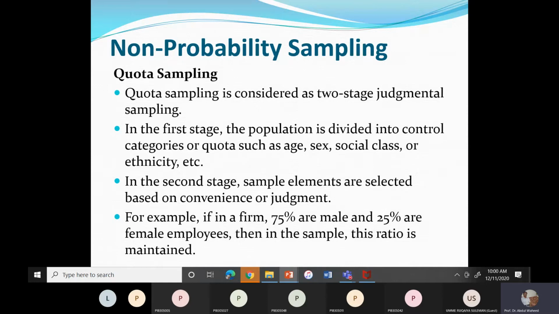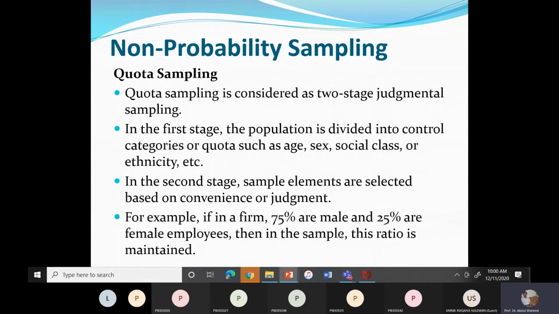So here again we are selecting the samples based on our judgment or convenience. But in probability sampling, where we have stratified sampling, we were using random sampling to select the sample units. Here in quota sampling, we are using our judgment or convenience.